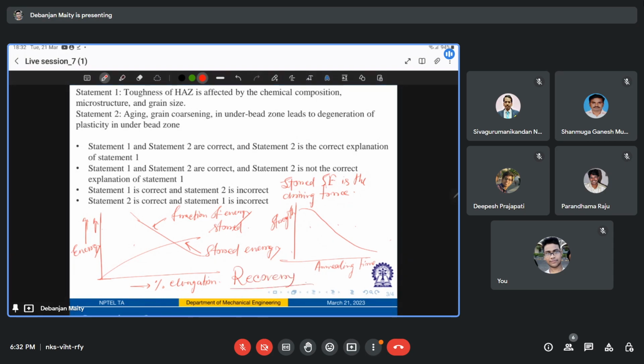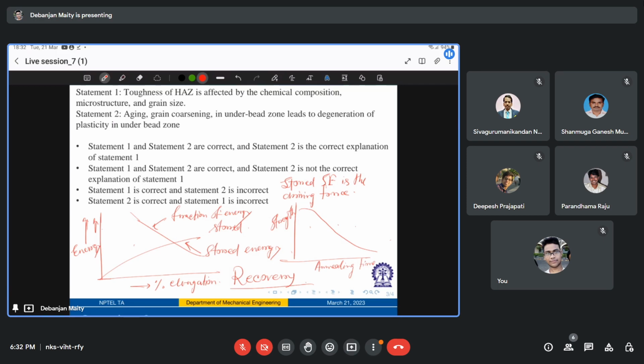It is trying to recover from its strained region to a strain free region, correct? However, the mechanical properties of this material, such as strength or hardness, do not change significantly during recovery. Those changes happen during recrystallization, right?